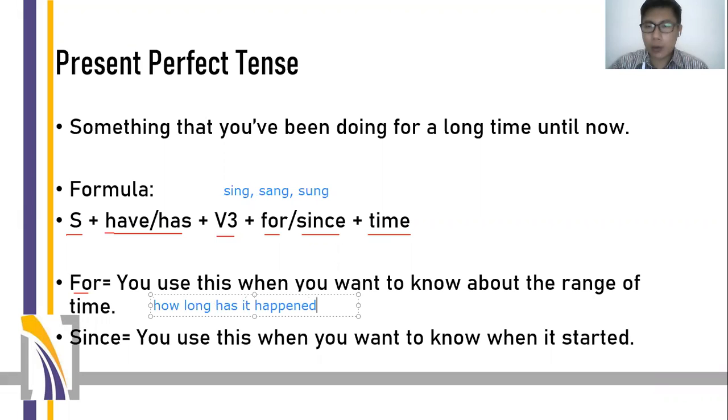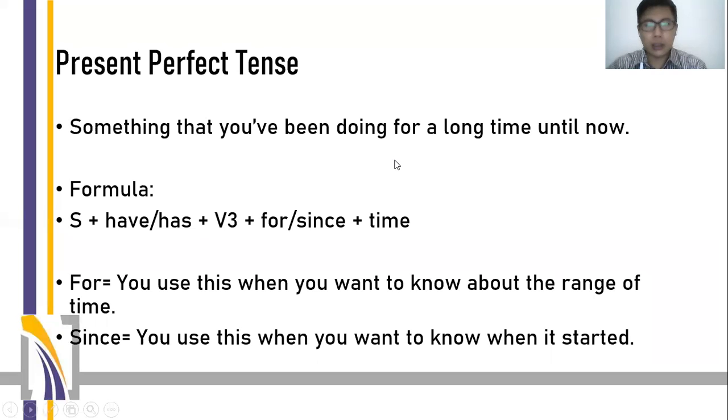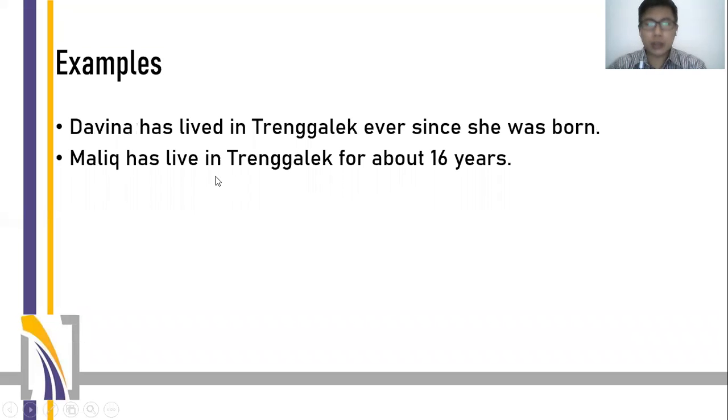So when it is the year, when it is the time it started, it happened, you use since. The examples are these two. Davina has lived in Trenggalek ever since she was born. And then Malik has lived in Trenggalek for about 16 years.